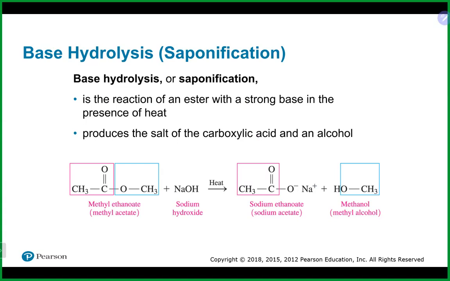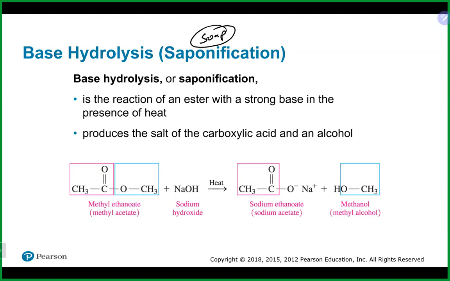So this is basically like making soap. So if we take our ester, we're going to still break it apart in the exact same spot. The difference here, though, is it's a base. So we're going to use a strong base like we have here. Sodium hydroxide is a strong base and a little bit of heat.